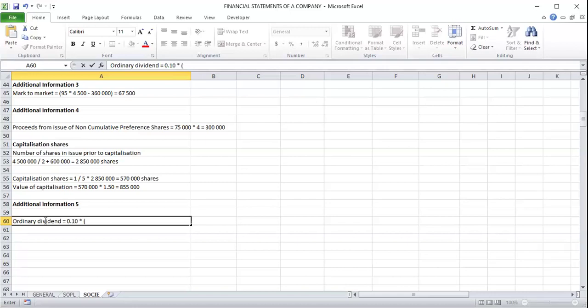Remember, prior to the bonus issue, there were 2,850,000 shares, which we have above. Then we issued ordinary shares capitalization of 570. So even capitalization shares, as long as they are in the share register by the date of the declaration of the dividend, they will also be entitled to the dividend. So what do we get there?